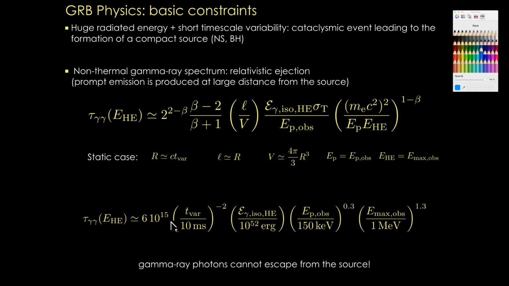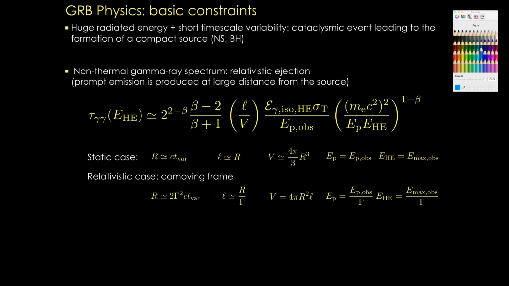So now I can try to solve this problem using a relativistic outflow. So if I use a relativistic outflow, the conditions are changed. The idea is that first, the radius where the emission is produced can be much larger because of the relativistic beaming. I don't see the full emitting region.